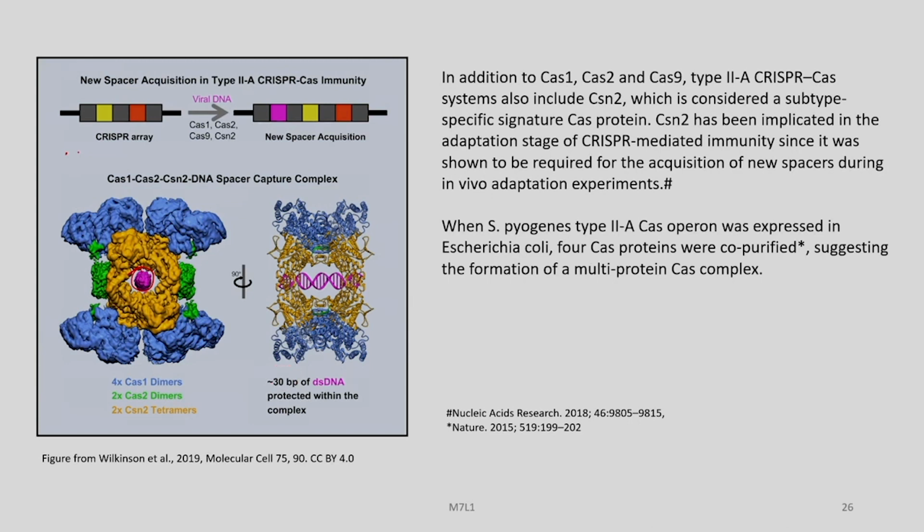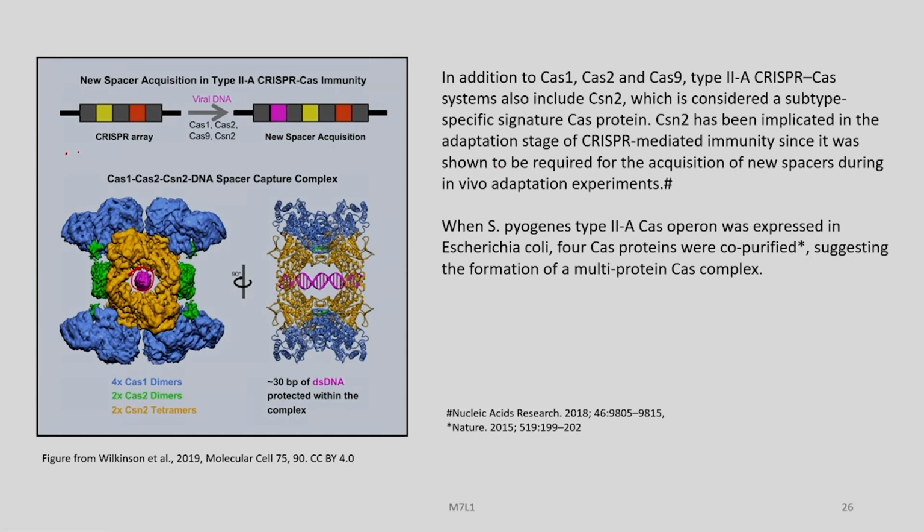And if you remember the work of Ishino and Mojica, they spoke about spacers or repeats of around 35 base pair length. In addition to Cas1, Cas2 and Cas9, the type 2A CRISPR-Cas system also includes Csn2, which is considered a subtype-specific signature Cas protein.